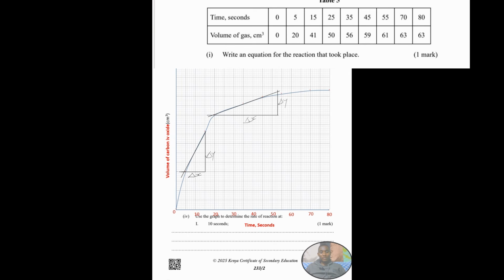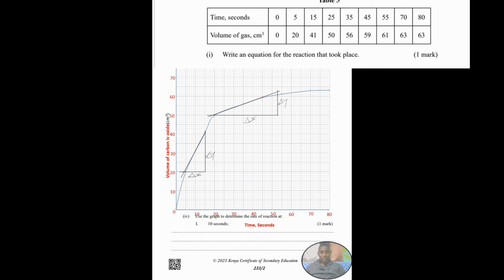Then on the y-axis, I'll still use 10 small squares to represent 10 cubic centimeters. So we have 10, 20, 30, 40, 50, 60, 70, and also 80. So as you can see, I already have a sketch of the graph.